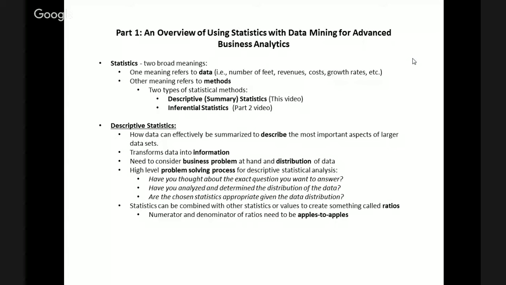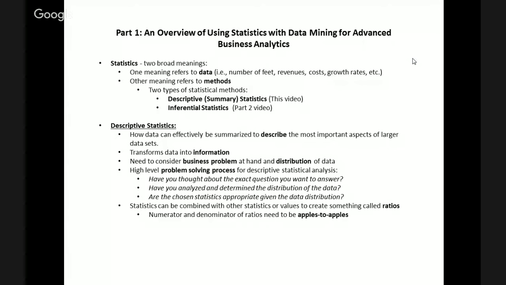Is there kurtosis? And number three, is the chosen statistic that you're analyzing in the data appropriate? So for example, using mean may not be appropriate for a specific type of distribution. Again, because a lot of these different techniques assume normal distribution, you can't always assume that given the data that you have.